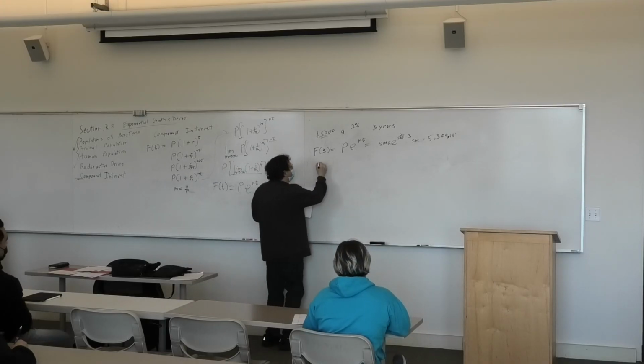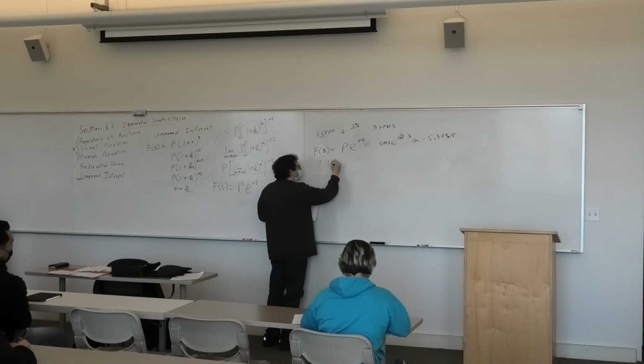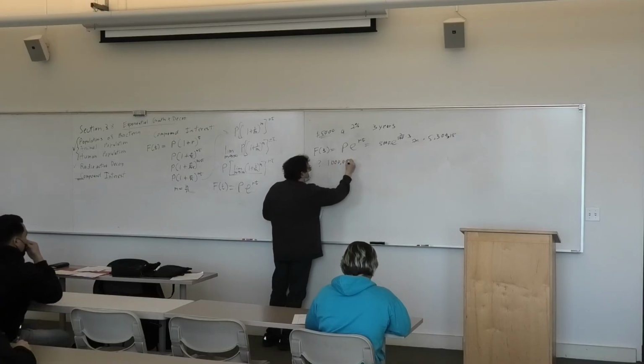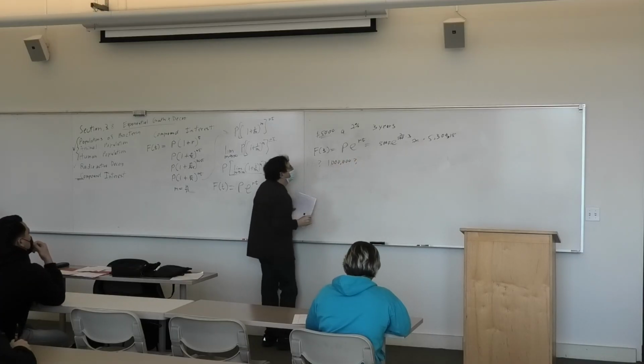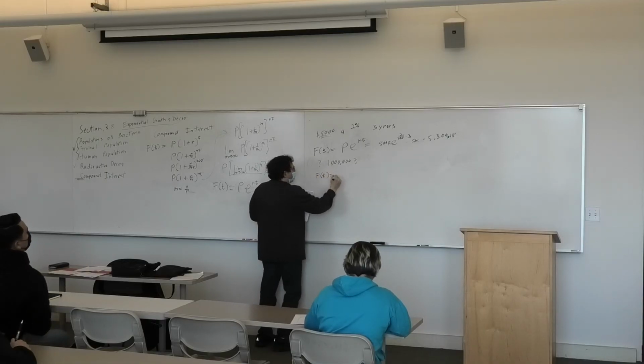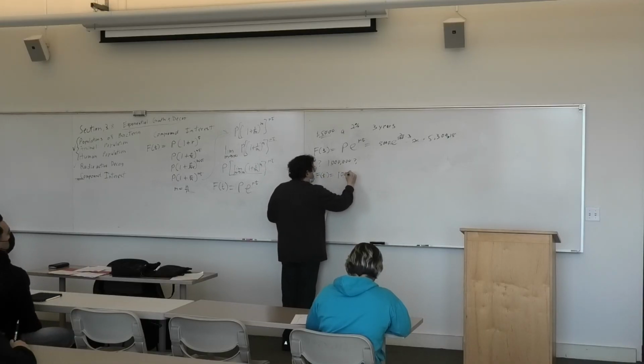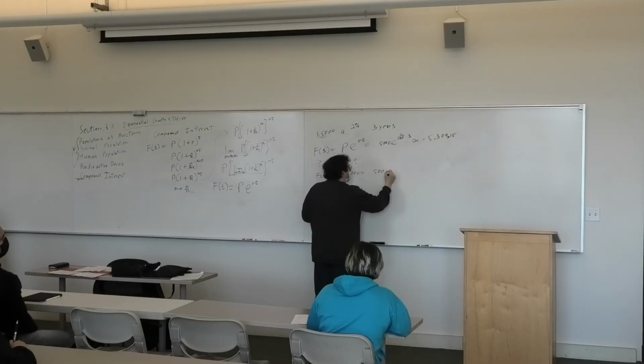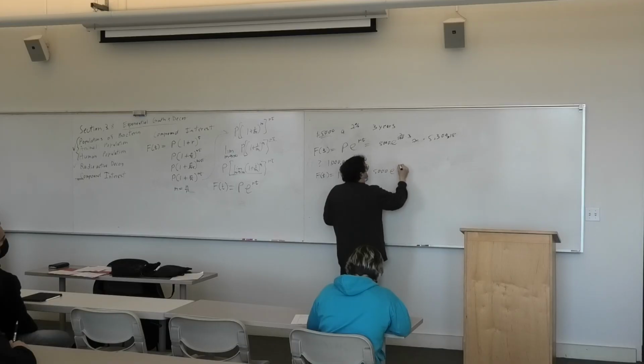How long until you have $1 million? Well, t, 1,000,000 equals 5,000 e to the 2 over 100 t, with t in years.